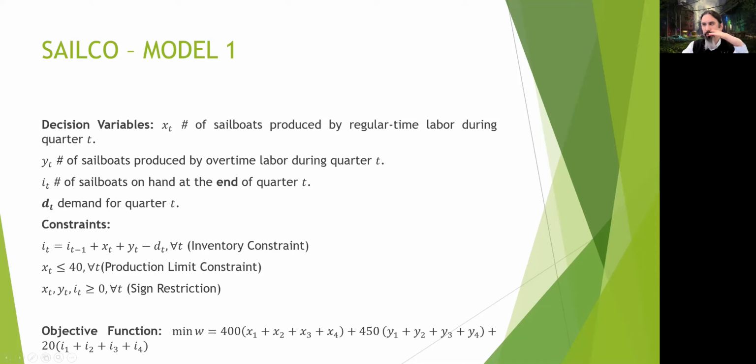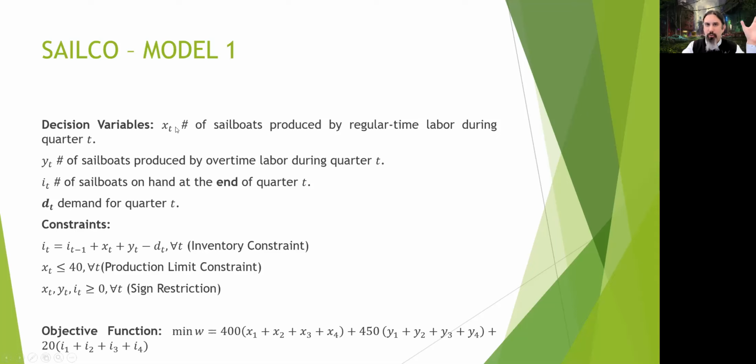I don't need to see the right thing right away, but still, any idea how we can change the decision variables instead of XT and YT and maybe IT? What could we use? No ideas, right? Okay, that's normal, by the way. It's nothing to worry about.